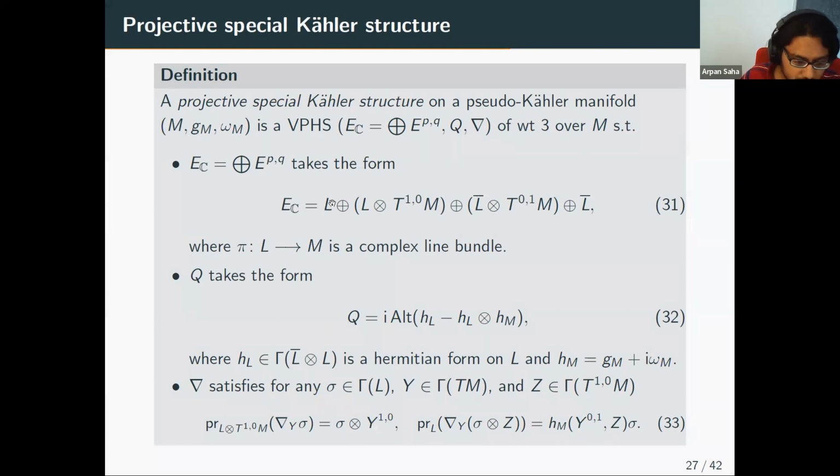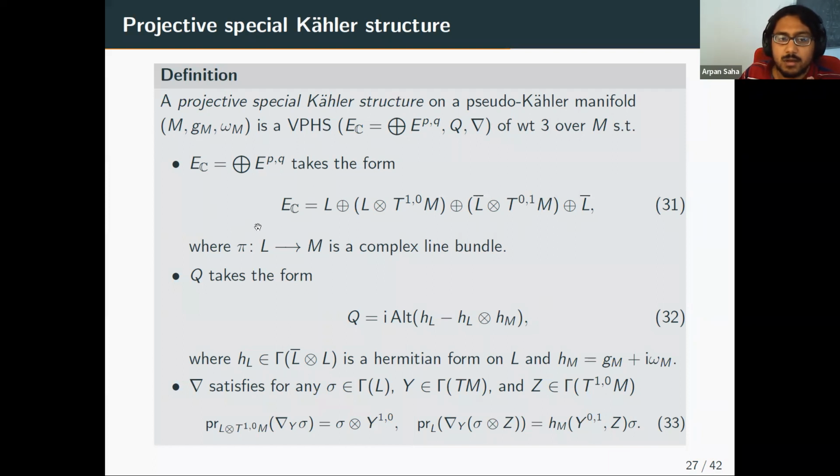And that bundle has to have a certain decomposition, in terms of a complex line bundle L. And there has to be a certain pairing on this thing, a symplectic pairing, which is given in terms of a Hermitian form, HL, on the line bundle L, and the Hermitian form associated to the Kähler metric, which is HM.